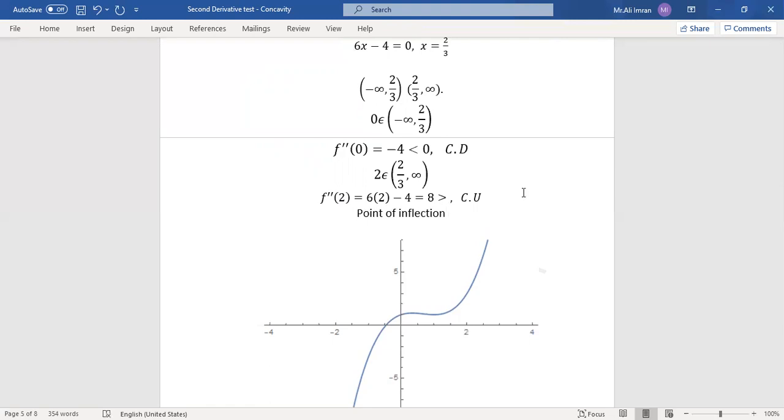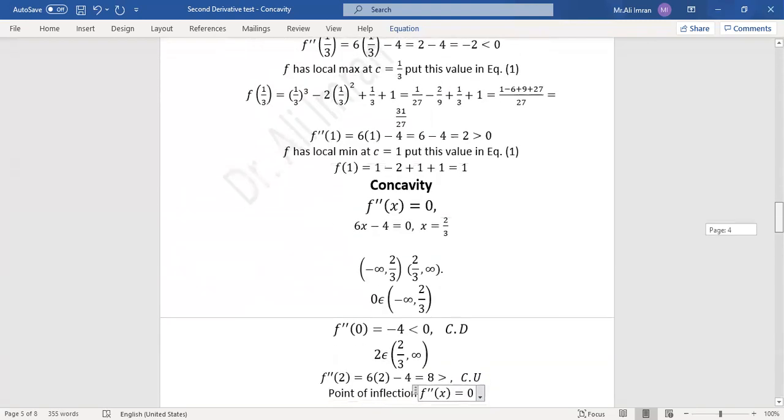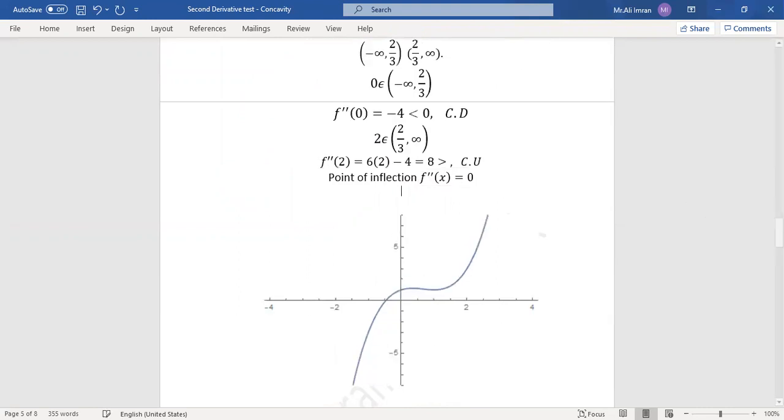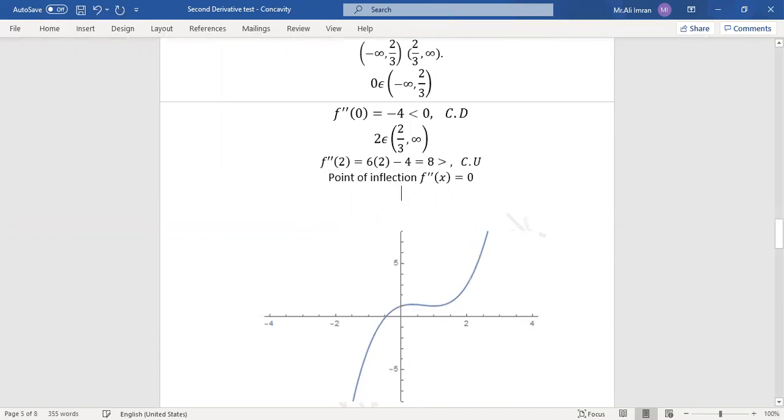In the third part, we have to find the point of inflection. In order to find the point of inflection, we will put second derivative is equal to 0. We have already done this to check the concavity. The x coordinate of point of inflection is 2 by 3.